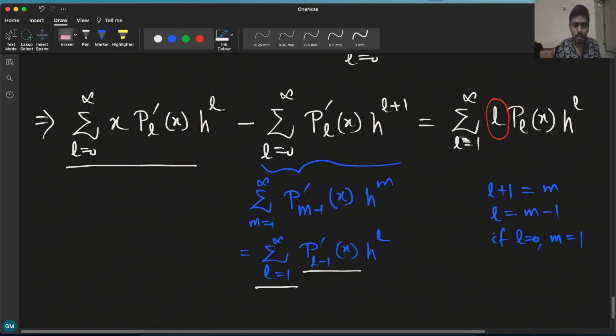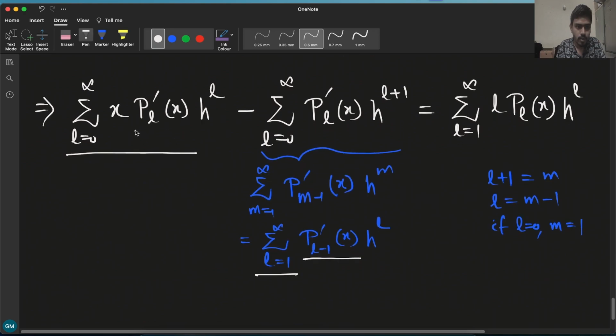Now here, for the L equals 0th term, what will it be? It will be x times p dash 0 x, times h to the power 0, which is nothing but 1, right? And what is p0 x? P0 x is a constant, that is 1. You already know that. And what is the derivative of it?